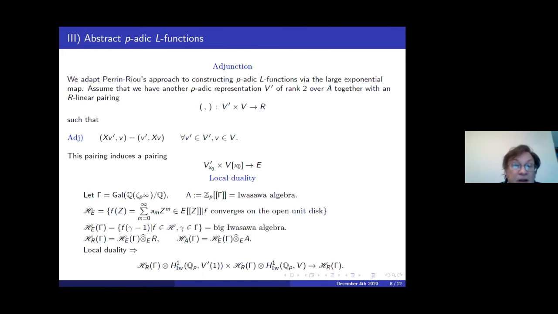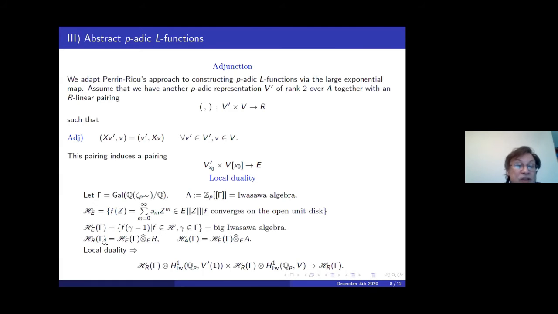Now we proceed by the usual way. We denote by gamma the cyclotomic Galois group of Q, by lambda the usual Iwasawa algebra, denote by H E the algebra of formal power series which converge on the open unit disk, and denote by H E gamma the corresponding big Iwasawa algebra.